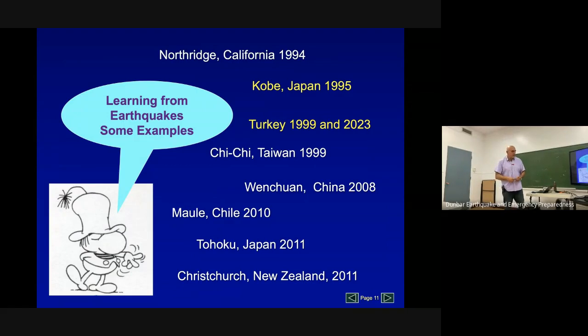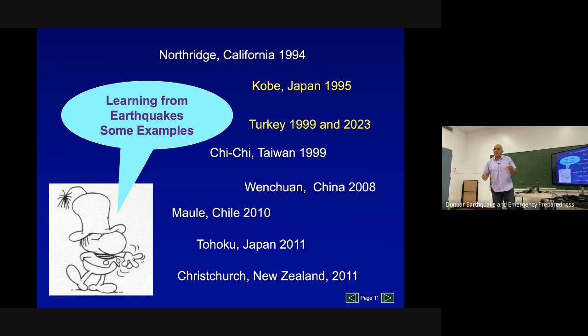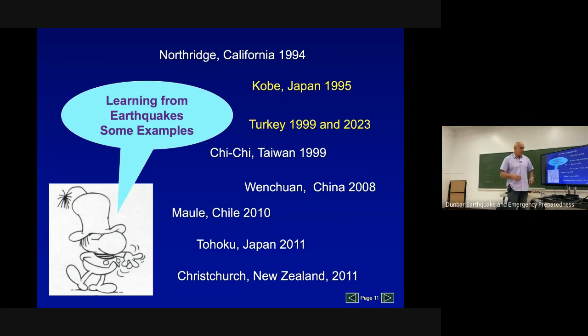Okay. And here is a list of significant earthquakes that we have seen in the last 3 decades. Okay, there's more, but these are very significant earthquakes that have helped us improve the building codes and the bridge codes, etc.